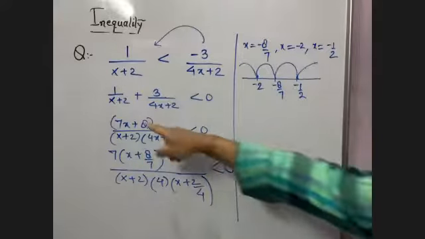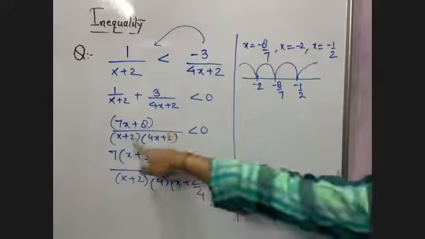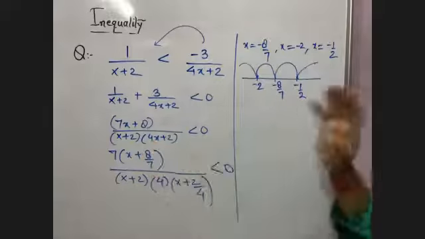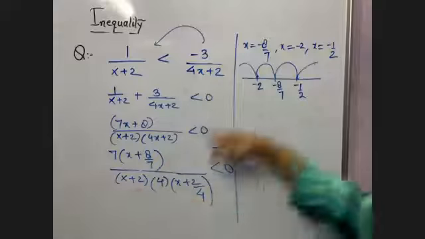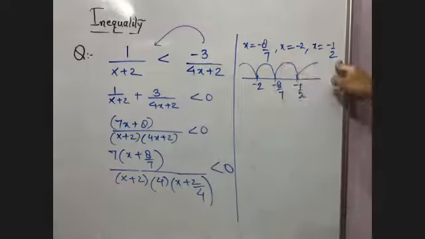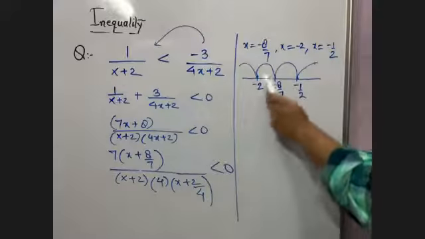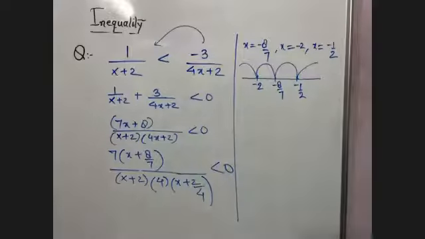Again, 7 common, x plus 8 by 7; 4 common, x plus 2 by 4. Put each equal to 0. Smallest is minus 2, then minus 8 by 7, then minus half.